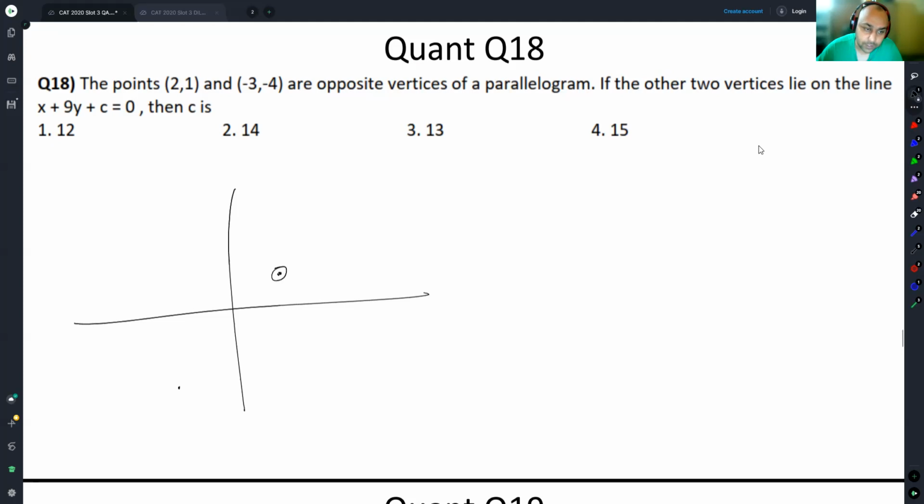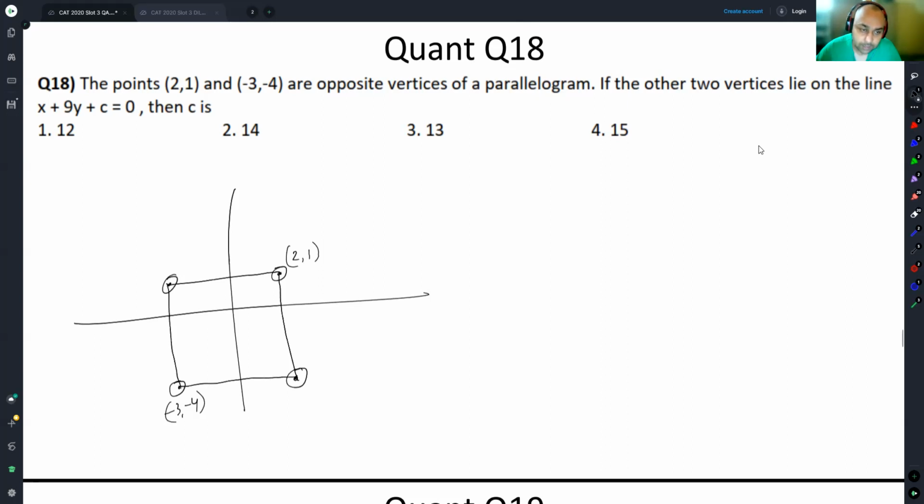These are opposite vertices of a parallelogram. This is (2, 1), this is (-3, -4). So this is the sort of parallelogram that is getting created.